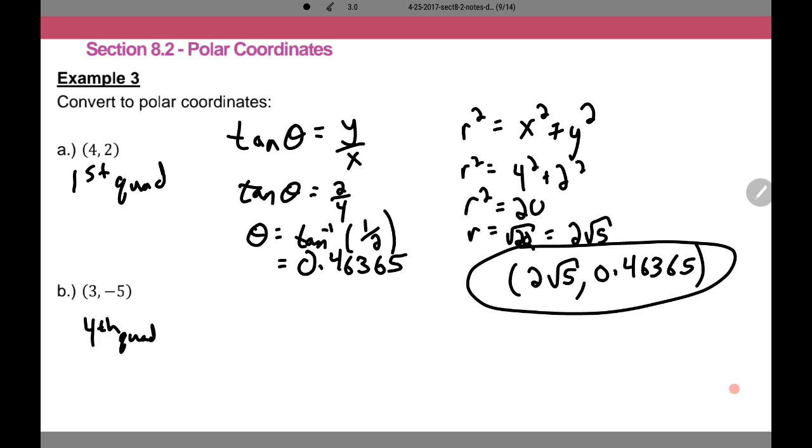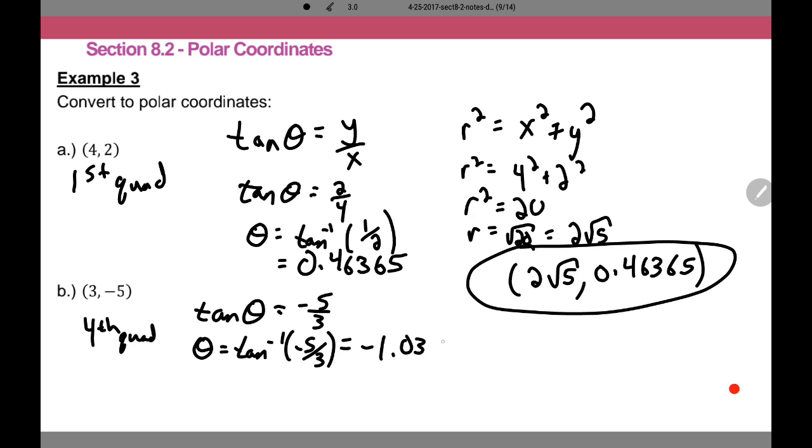Same thing here with the tangent. Now, this one's going to be a little different. We're going to get the tangent of theta equal to negative 5 over 3, because we're using y over x. And if I do the inverse tangent of that, I get a negative number.